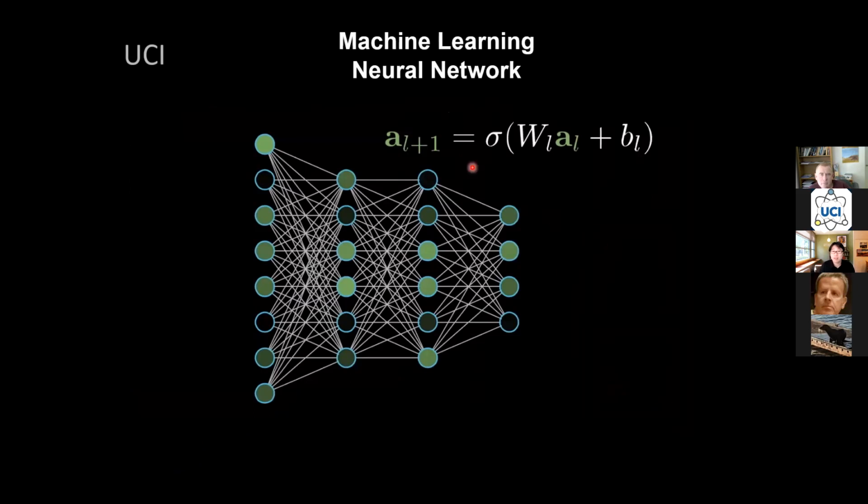Mathematically, it's fairly simple. Inside the bracket is just a linear sum of the numbers in the previous nodes, weighted by the weights. That's basically the connection here. And if you want to add a bias, you can add one.